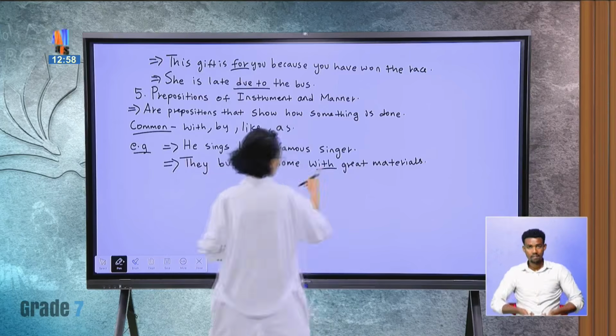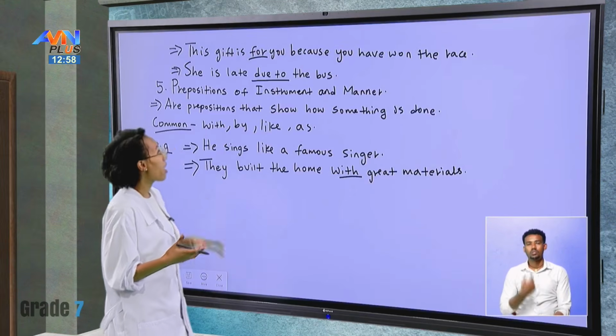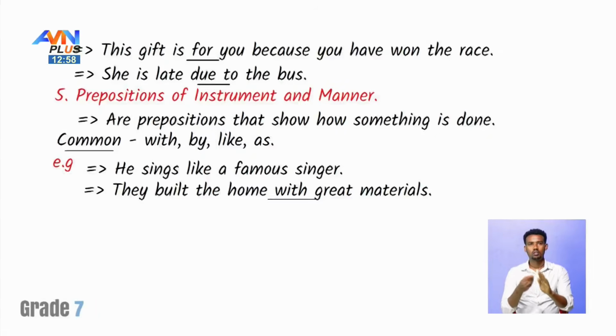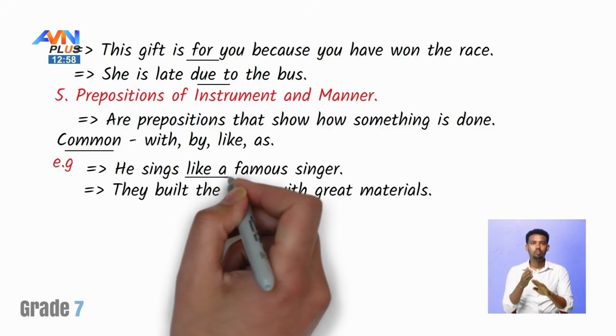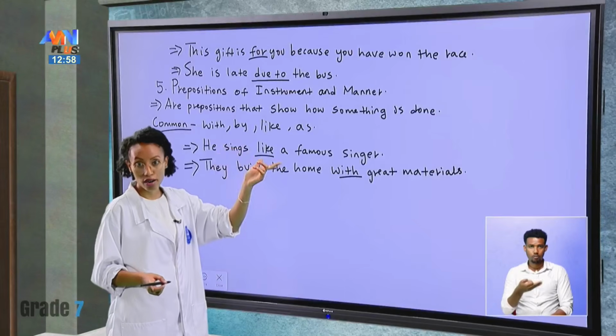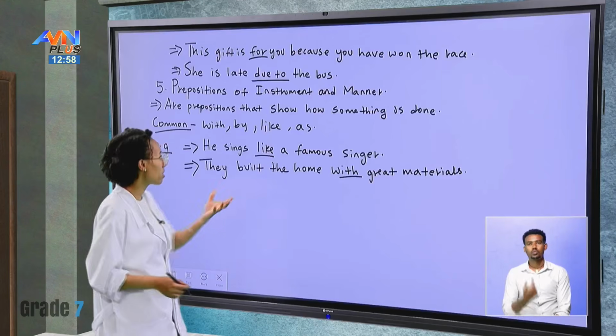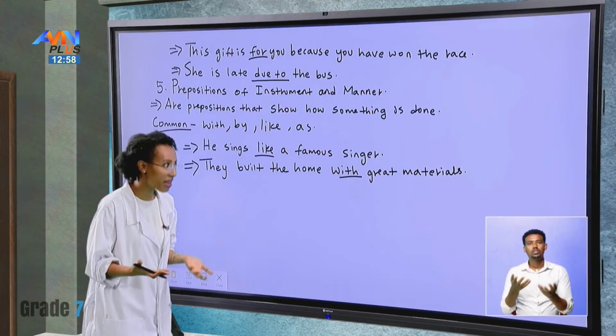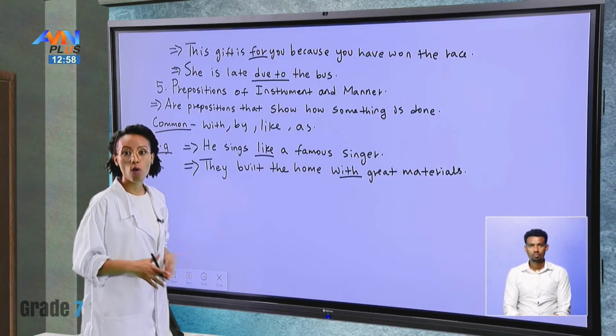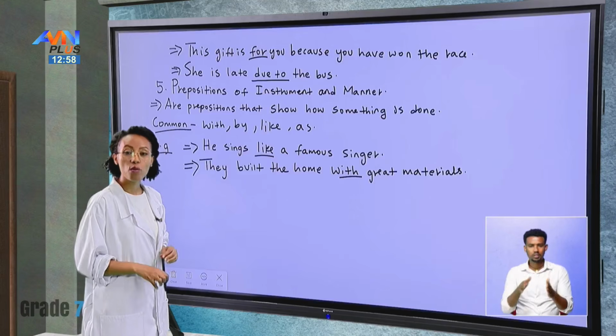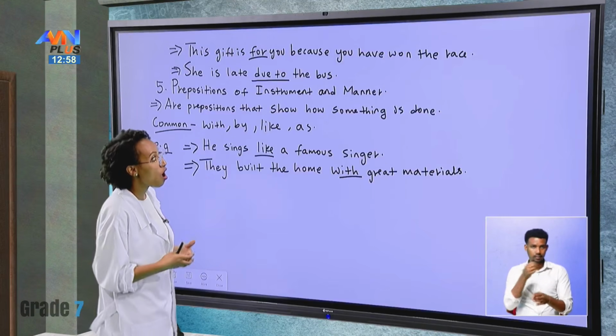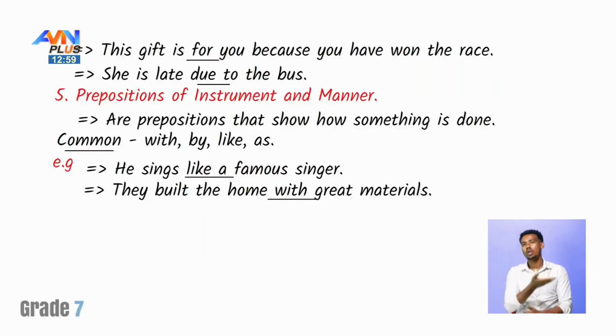So with shows preposition of instrument. And like shows preposition of manner. He sings like a famous singer or a professional singer. We're showing the manner of how something is done in this case.